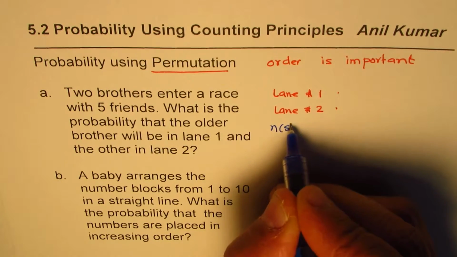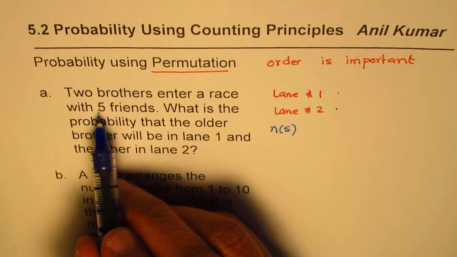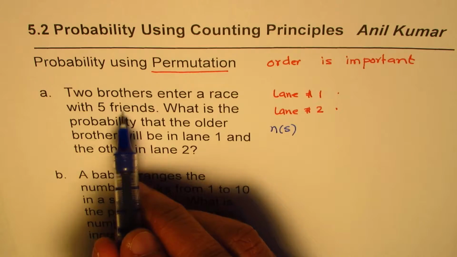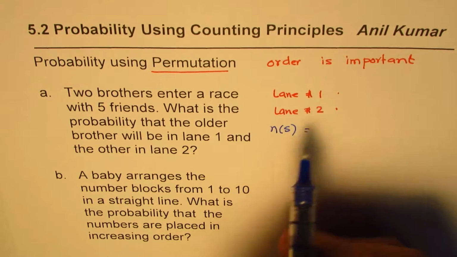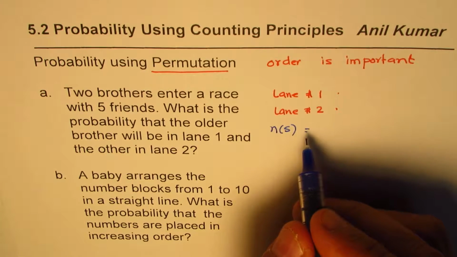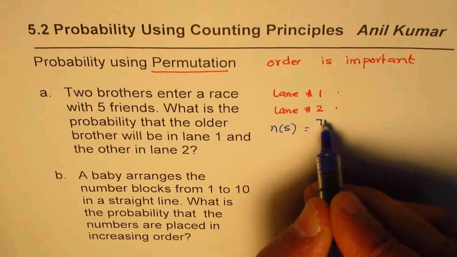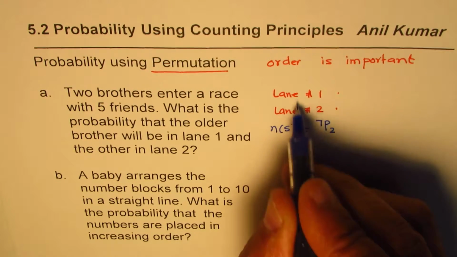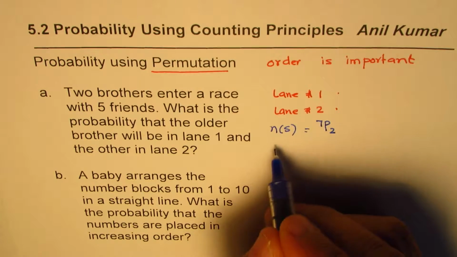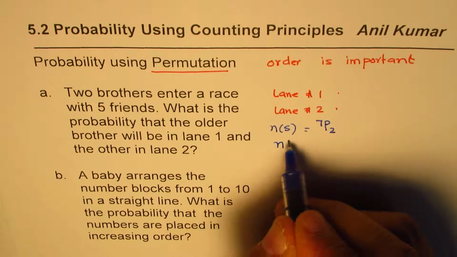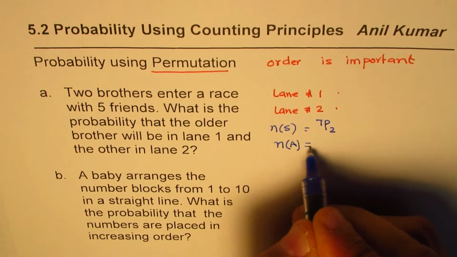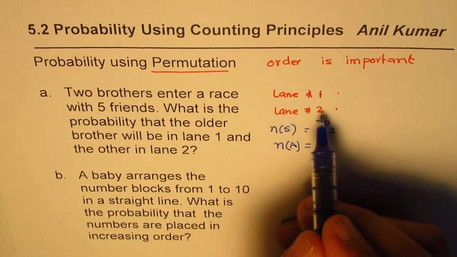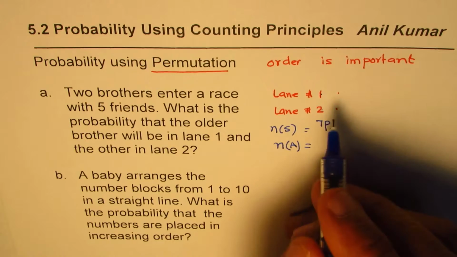Since there are 7 in all, 2 brothers and 5 friends, and it is a case where order is important, the total number of outcomes are 7P2 to fill up these 2 lanes. However, there is only one way in which we can place older brother in lane 1 and then the other in lane 2.